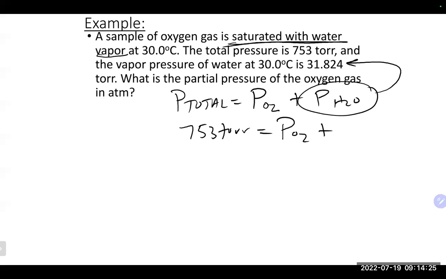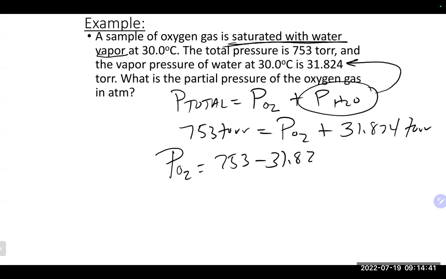So they looked it up in the table at 30 degrees Celsius, and the vapor pressure of water is 31.824 torr in this case. That means our partial pressure of oxygen is 753 torr minus 31.824, which gives us about 721 torr.